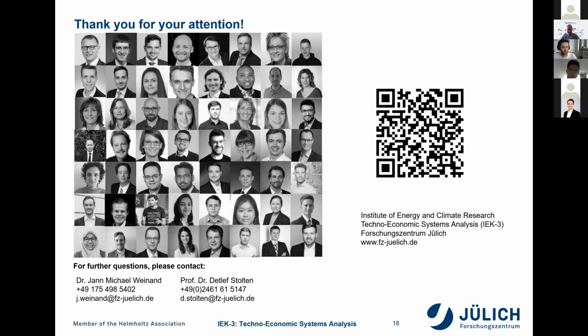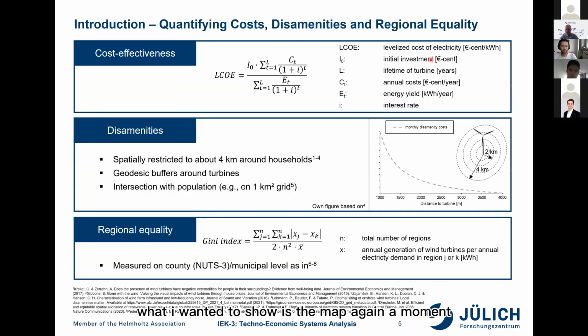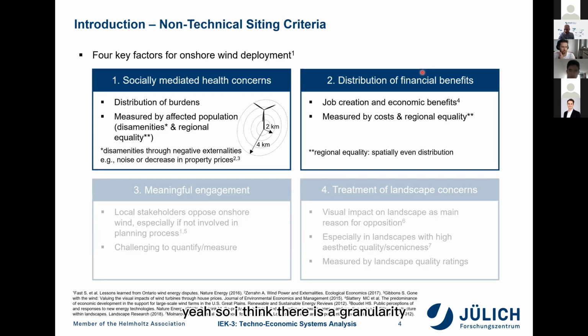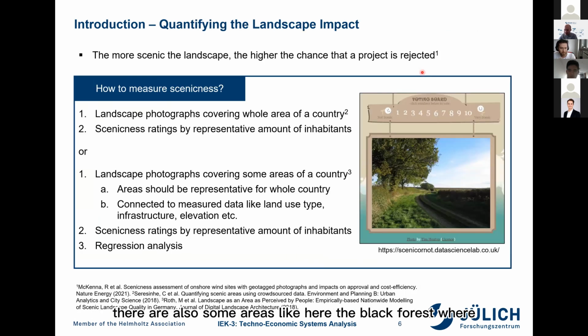Yeah. What I wanted to show is the map again. One moment. You should see it now. Yeah, so I think there is a granularity. So we have this for 1 kilometer squares, but as you can see, there are also some areas like here, the Black Forest, where we have high scenicness values for a very large region.